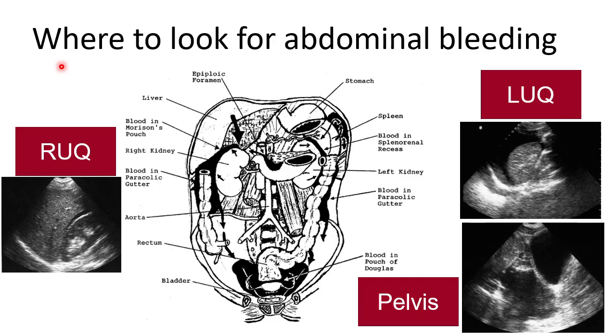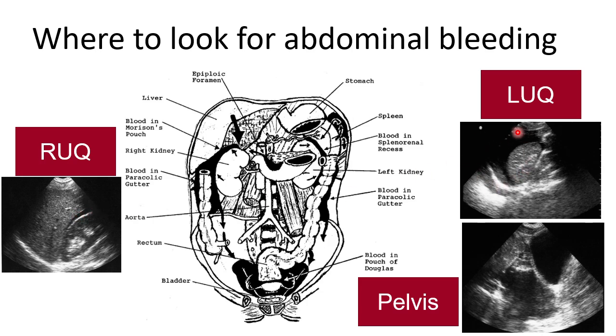Here's a quick overview of how everything will look if there's bleeding in the abdominal cavity. This black, again, illustrates the path of fluid flow. In the right upper quadrant view, which we'll go over in detail, the patient's head is here, feet are here. This is the liver, this is the diaphragm, this white area is the spine, this is the kidney, and here is anechoic fluid, suggesting intra-abdominal hemorrhage.